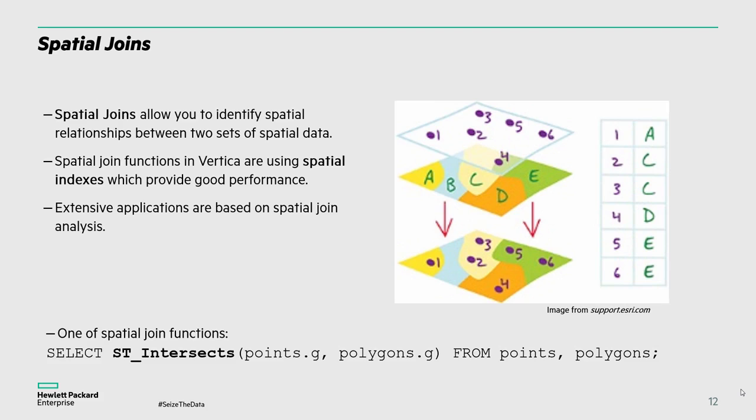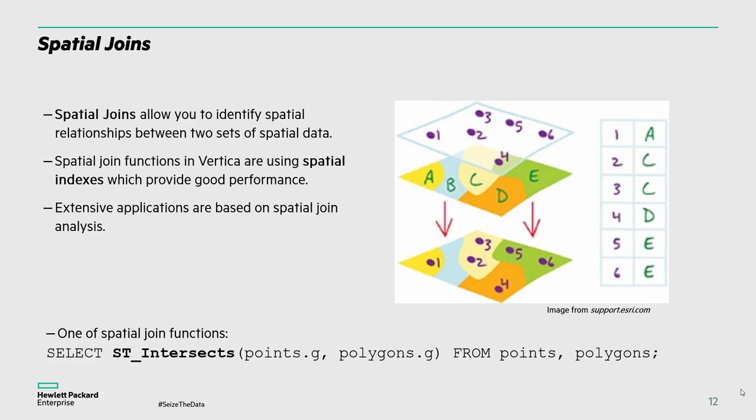At the second level, it's a polygon dataset: you have polygons A, B, C, D, E. Then when you run a spatial join analysis, it will generate the third level, where you can see all the intersected pairs of points and polygons. From the result, you can see that point 1 is inside polygon A, and you can also see that polygon C includes 2 points.